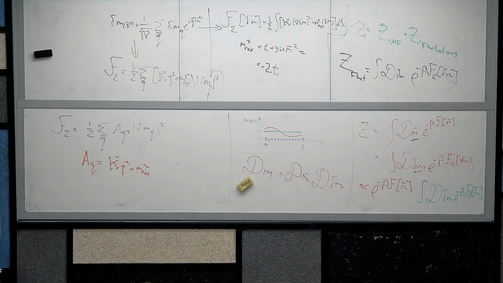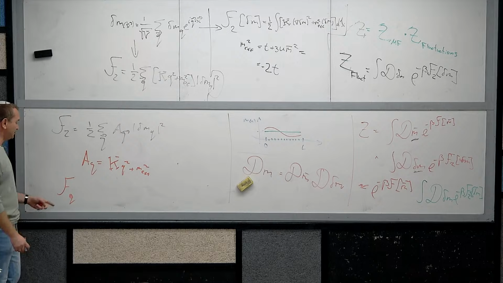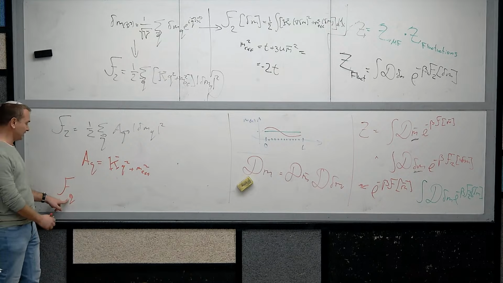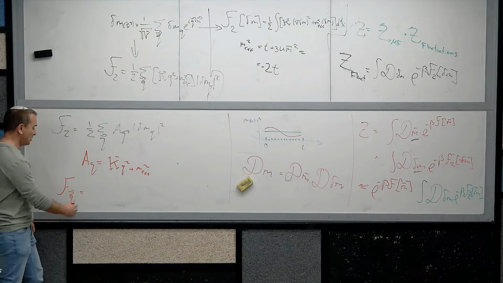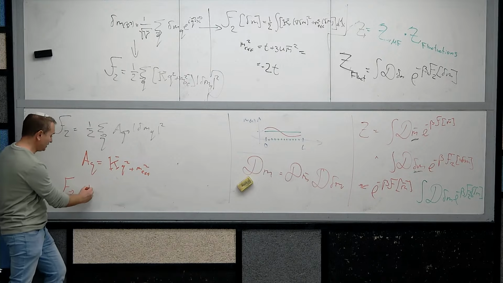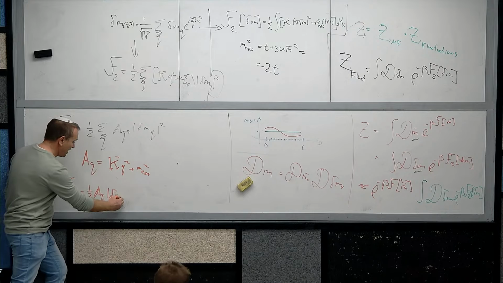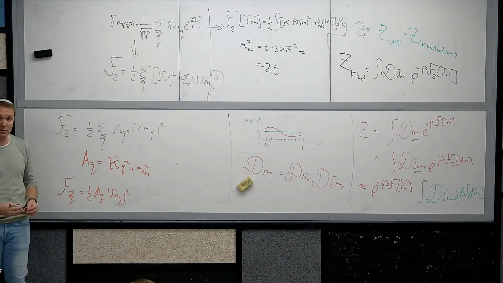Okay. So basically, take an oscillator. The oscillator is represented by some specific wave vector q. The energy of this oscillator is just 1/2 A_q times the absolute value squared of delta m_q.